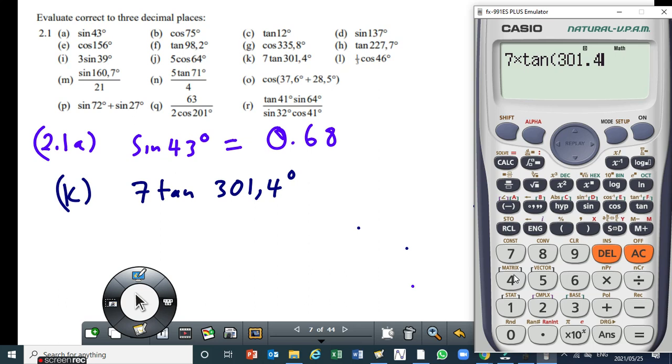Then you can close the bracket there, and you can press equals.